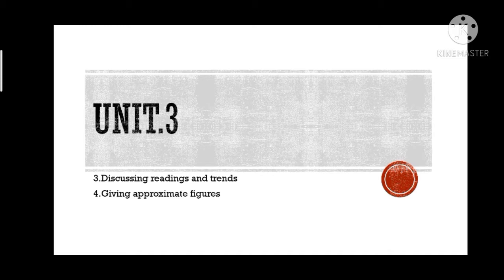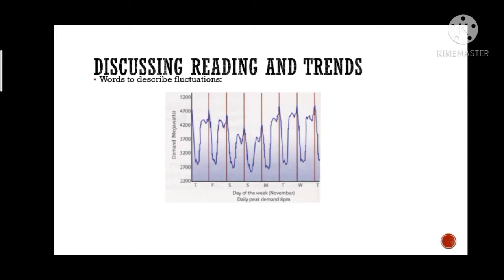We are going to learn how to describe the different readings and trends of graphs that we see and discuss. هنناقش ازاي على تحليل كده لاستهلاك حاجة هنقرأ القراءات وهنصنفها ازاي وهنوصفها بايه، نقول امتى فوق امتى تحت كده. Okay, so we are going to discuss words to describe fluctuations.